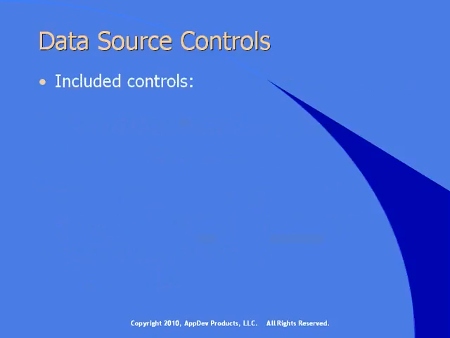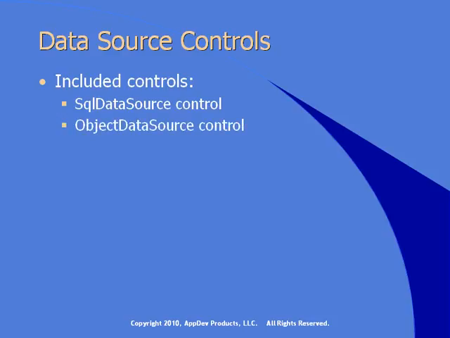You'll find these controls included in the ASP.NET Toolbox. There's a SQL data source control, which works with SQL data sources, and that includes just about anything that uses structured query language. There's the object data source, which works with middle-tier business objects. There is the LINQ data source, which works with LINQ data sources, and we'll look at an example of that later on.